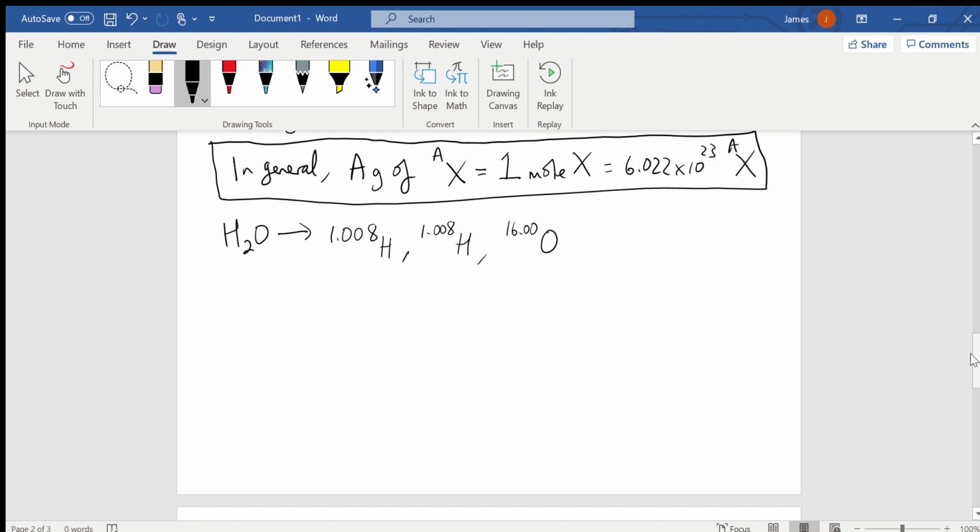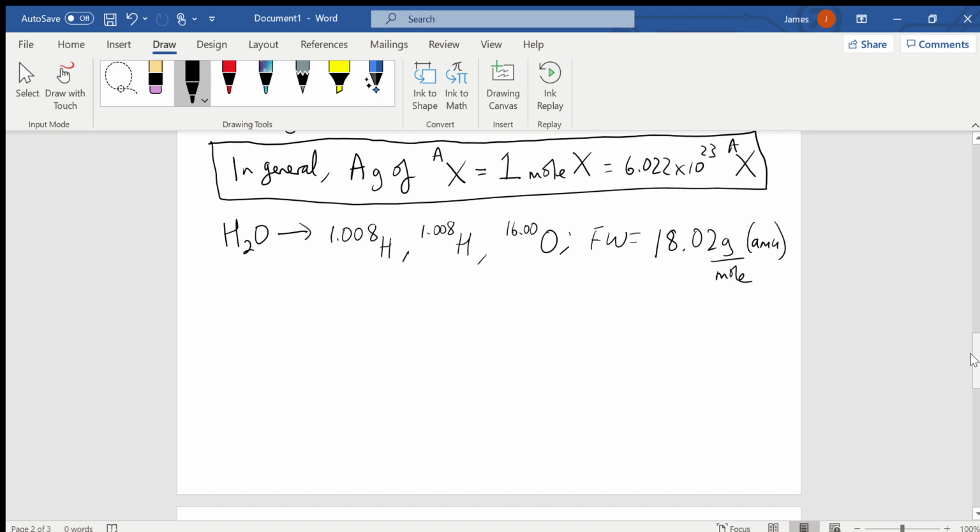We've got 2 H's and an O. Okay, so I know that the formula weight is, I'll just grab my calculator out real quick, 1.008 twice plus 16. Okay, so if I add these numbers together, then the formula weight of water, actually we're just going to round to 2 decimals, is 18.02 grams per mole, or you could say atomic mass unit. Atomic mass unit means the same thing as gram per mole.